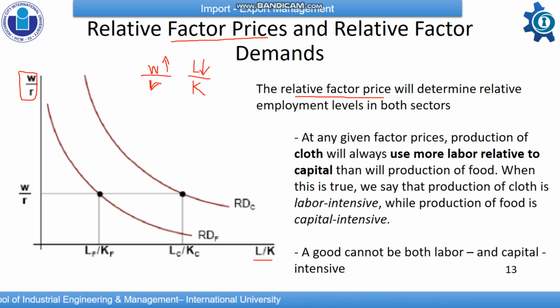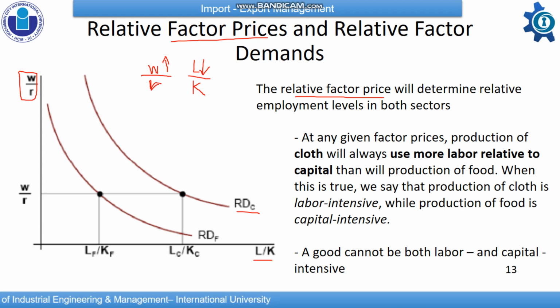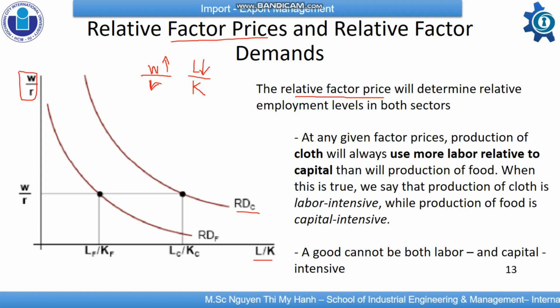And we can see here RDC is the demand curve for labor in cloth production, and RDF is the demand curve in food production. It shows the labor capital ratio.